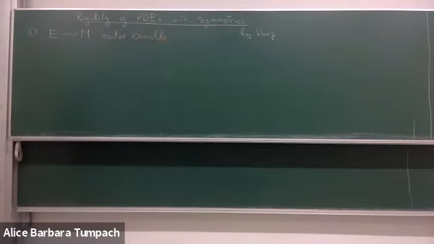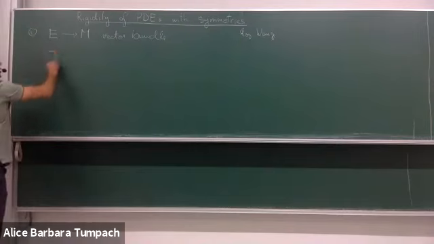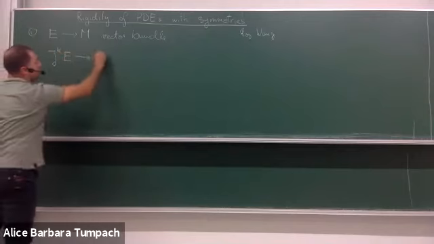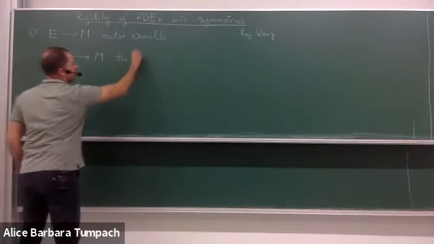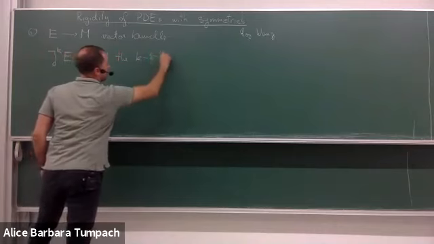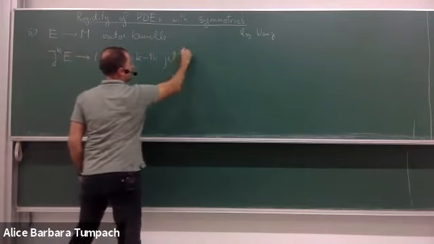Just to fix notation, I will denote by J^k E over M the k-th jet bundle of E.